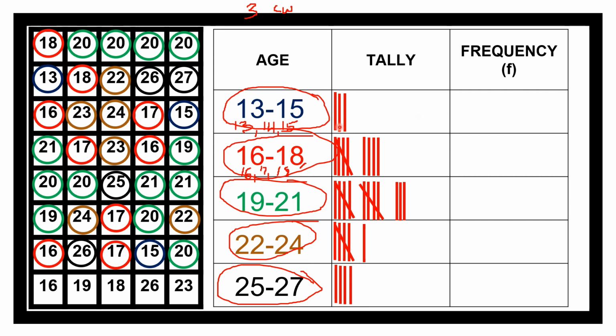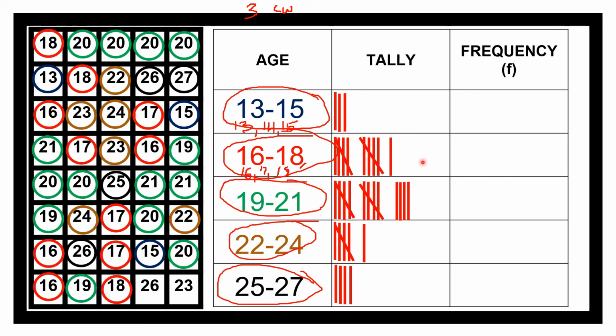So for the first class, 1, 2, and 3. So we have 3 scores in that group. For our second group, 16 to 18, we have 11 scores. For 19 to 21, we have 14 scores. And then for 22 to 24, we have 7.